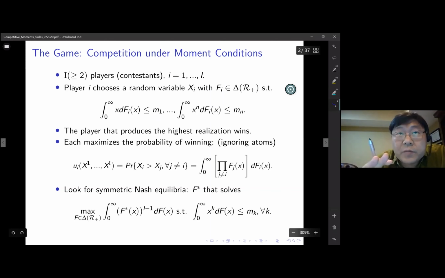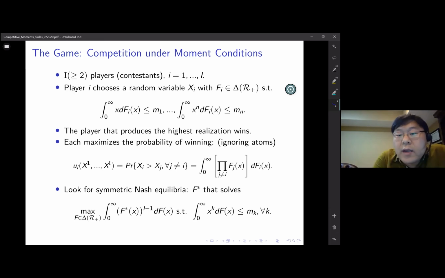So here, each player's strategy is a distribution, but there's a constraint: each player can choose any distribution whose first moment is less than M1, second moment is less than M2, and so on up to moment N. Then, given the distributions, there are realizations, and the player who produces the highest realization is going to win. So this is just a contest, and each player is going to maximize the probability of winning.